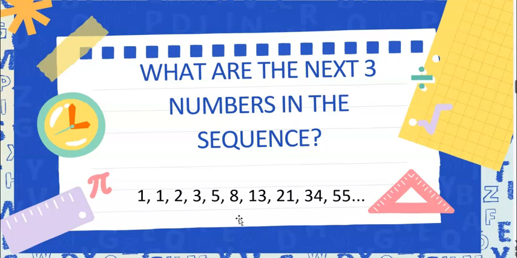So with that information in mind, I'm wondering if you can figure out what the next three numbers in this sequence or pattern would be. I'll give you a few seconds to try and at least come up with the next number, and then we'll talk about what those three numbers will be.